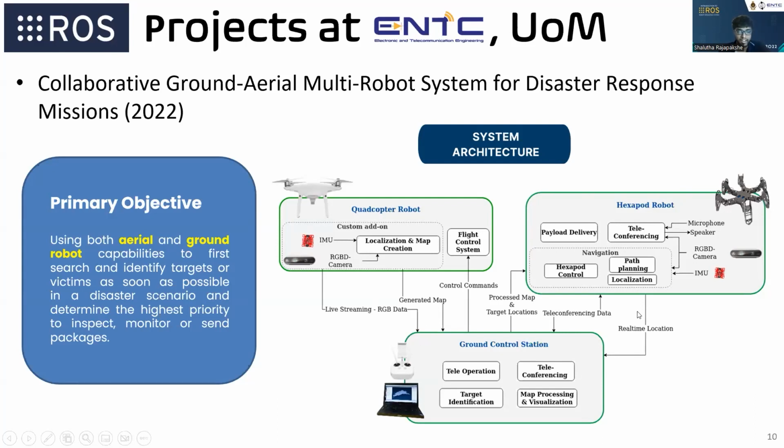And finally, the ground control station handles all the heavy processing and operation tasks of the whole system, while providing an interface for the operator for real-time monitoring. If you want to take manual control, we can interfere and do that. The architecture you can see here is totally implemented using ROS, as separate nodes, in order to communicate with each other properly.